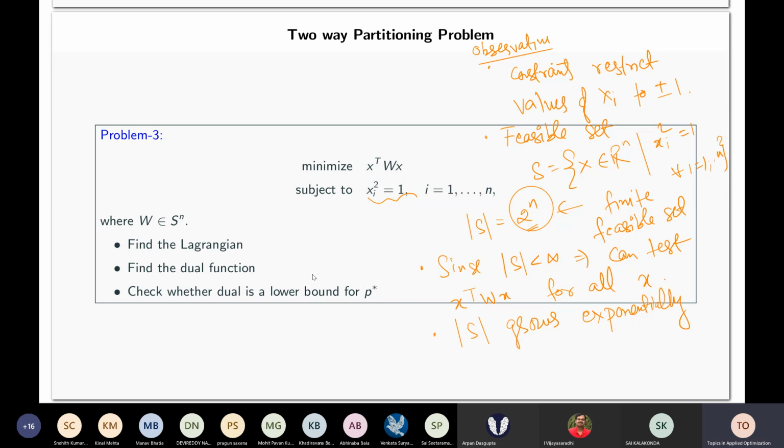Another thing is why this is called the two-way partitioning problem.